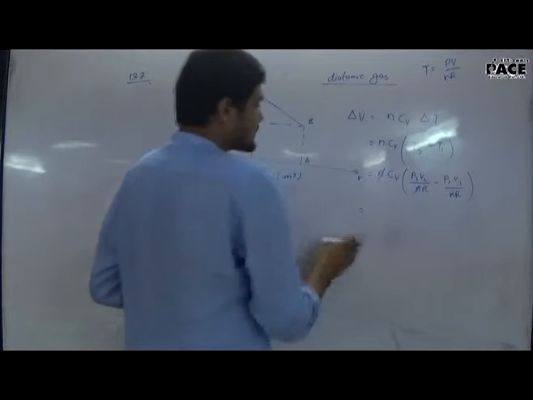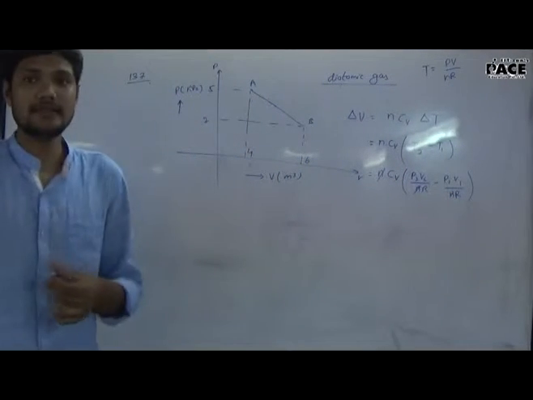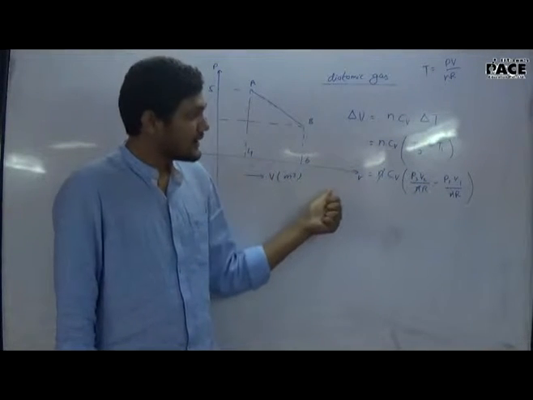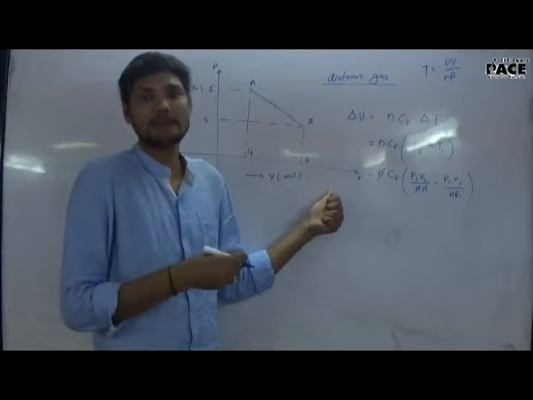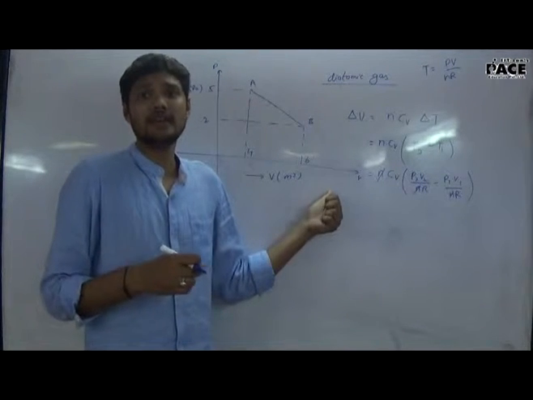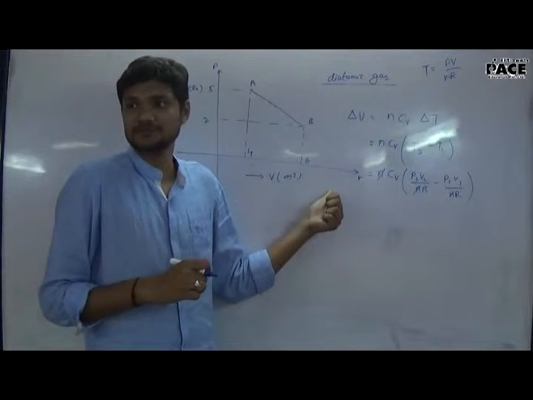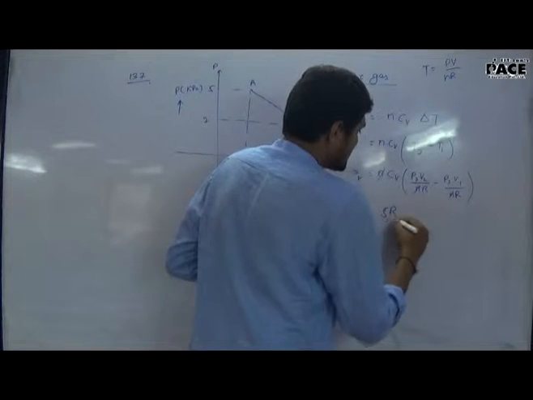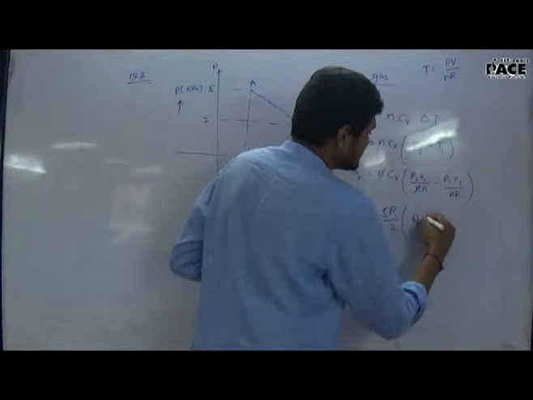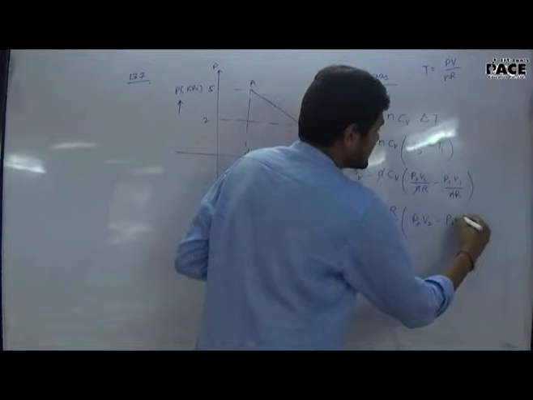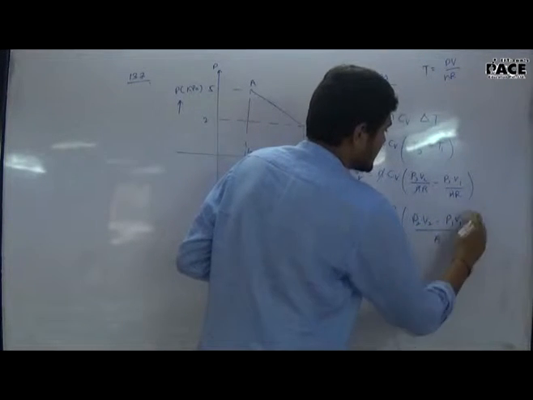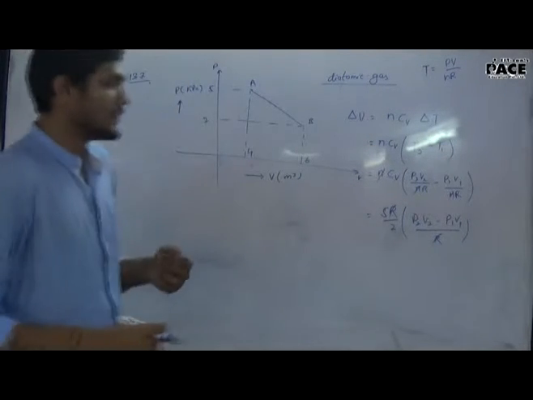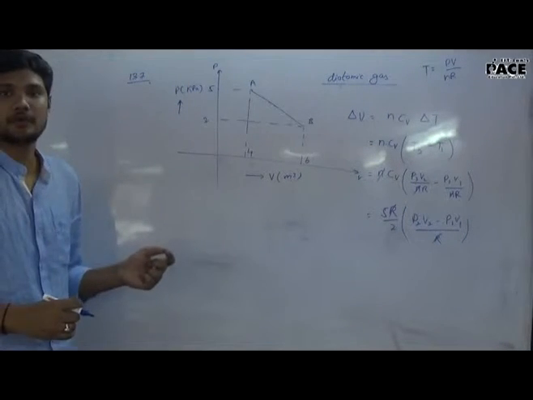For a diatomic gas, Cv is 5R by 2, because the degrees of freedom in a diatomic gas is 5, and we know Cv is nothing but fR by 2. So just put the value 5R by 2 here, you'll get P2V2 minus P1V1 upon R. Now again R gets cancelled, and you are left with 2.5 times P2V2 minus P1V1.